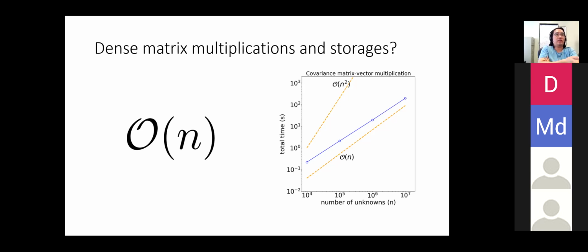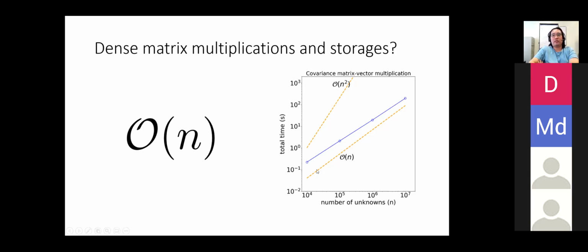So this is so-called linear scalability. In many cases, many algorithms in computation have quadratic scalability, order n squared, or cubic scalability, but what we really want is linear scalability.